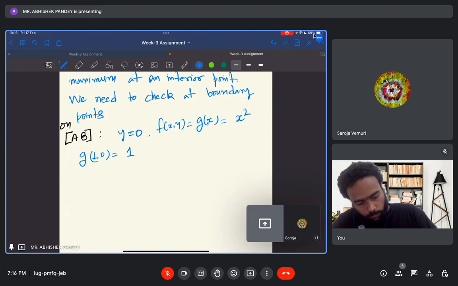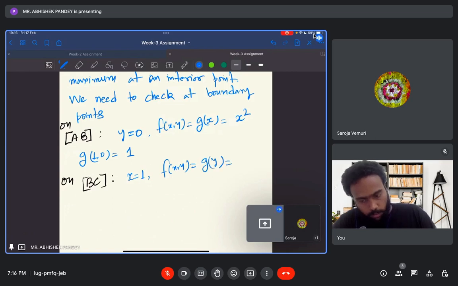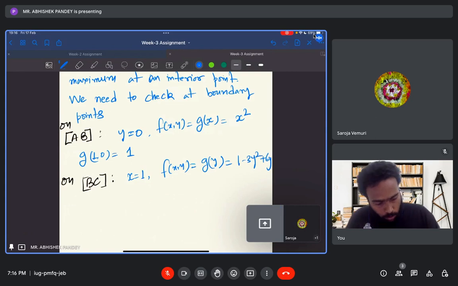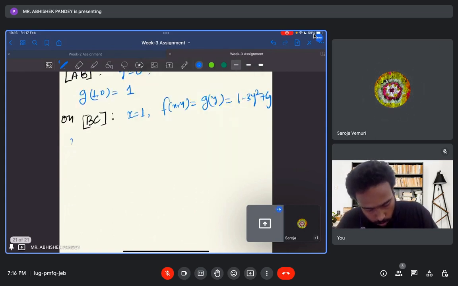Now on the line segment BC, your x is equal to 1. So f becomes a function g of y, which is 1 minus 3y square plus 6y. Now g dash y is equal to minus 6y plus 6.